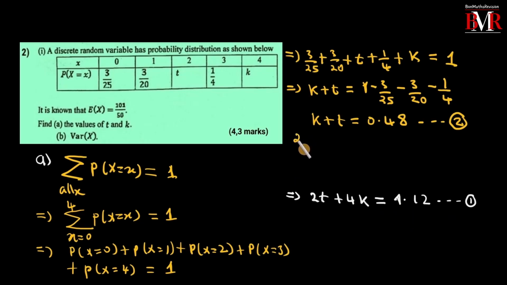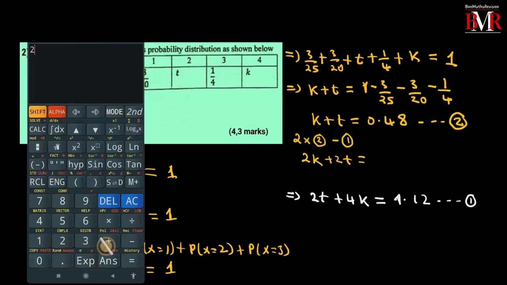Now if I take 2 times equation 2 minus equation 1, t is going to cancel out. That is, 2 times equation 2 is 2k plus 2t is equal to 2 times 0.48, which is 0.96. Now minus equation 1, that is 4k plus 2t is equal to 1.12.